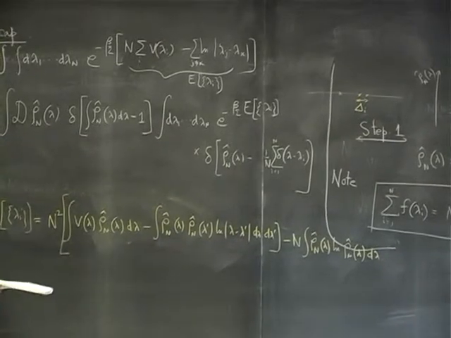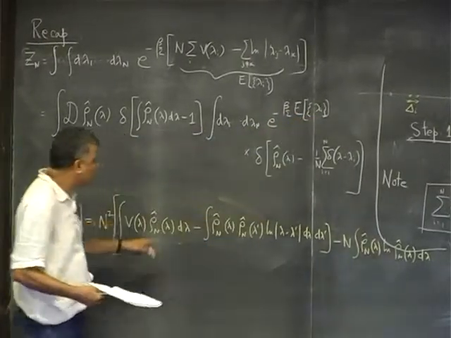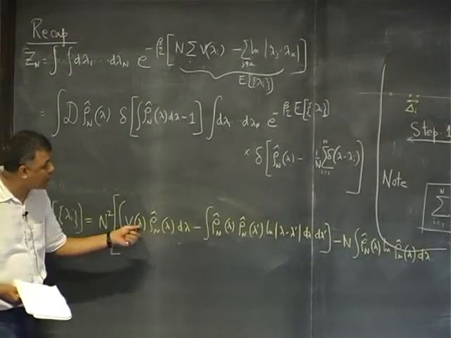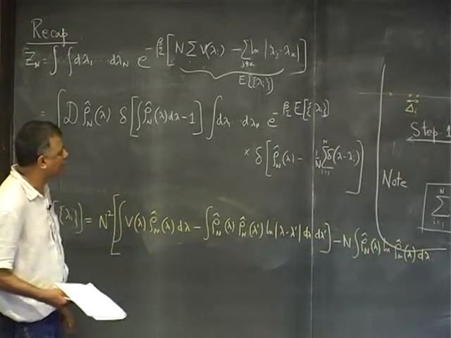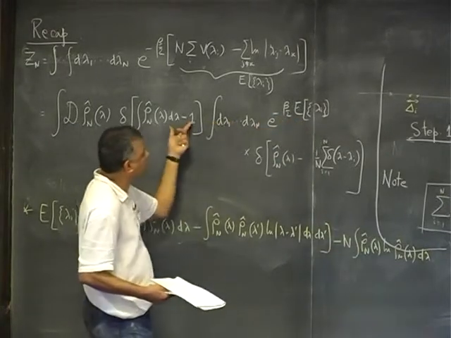So what you find is that this guy here, I'm able to express it in terms of the local density. It no longer depends explicitly on the little lambda i's. Okay? So what that means is I can take this guy outside this multiple integral.